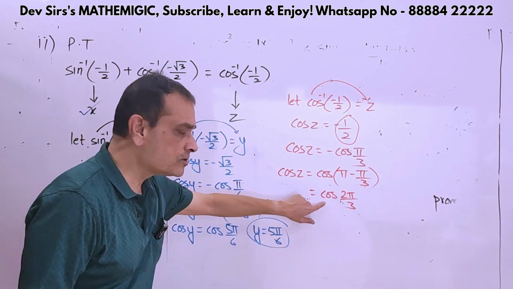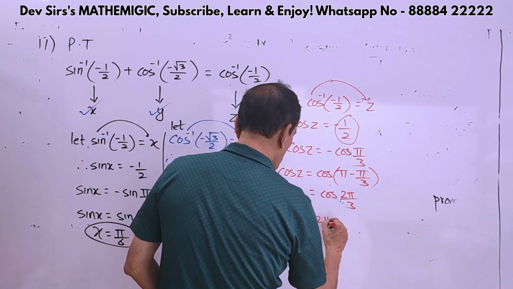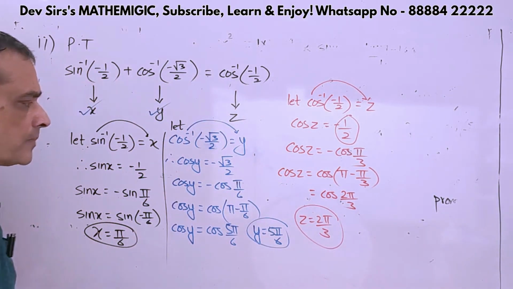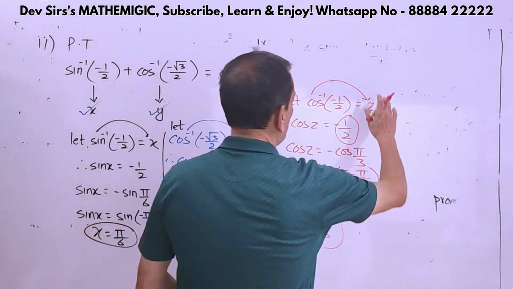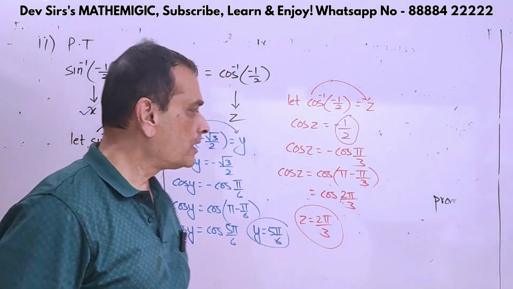So cos और cos ignore करो, z equal to 2 pi by 3. Right? Okay. So this is a problem involving standard stuff.